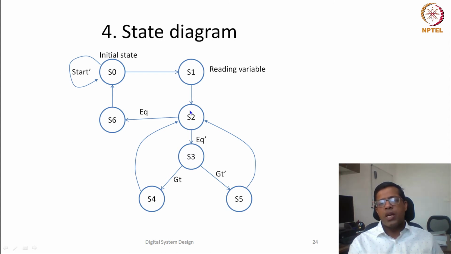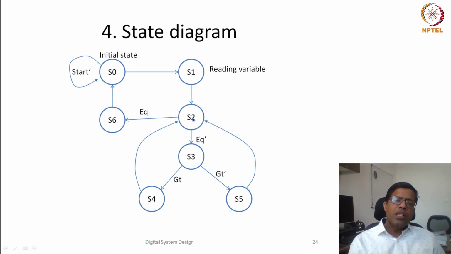After the comparison, if it is not equal, then we are again comparing whether it is greater or not greater. If it is greater, then during S4 we will do the operation of subtraction, x minus y. If it is S5, then we are subtracting y minus x, and then going back to S2.